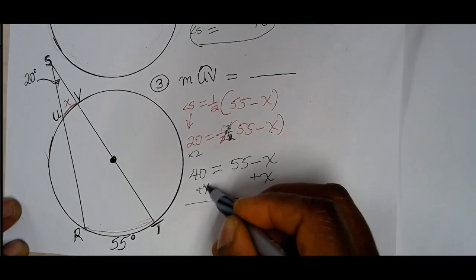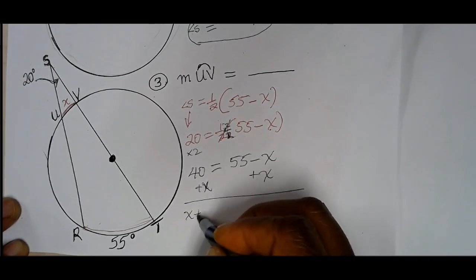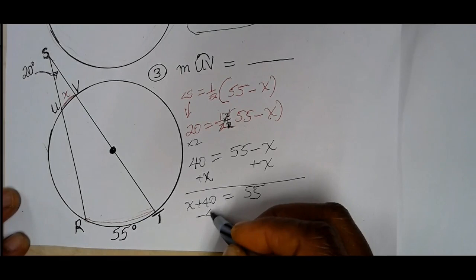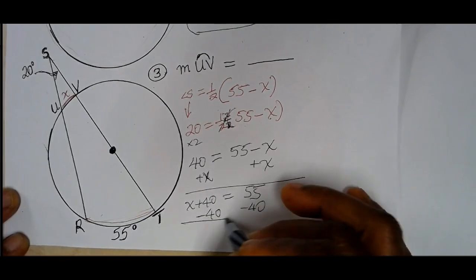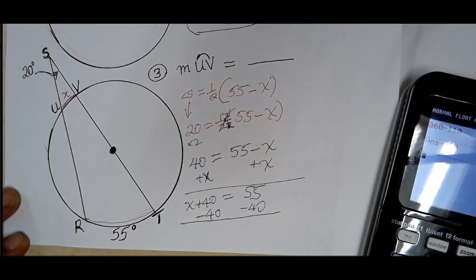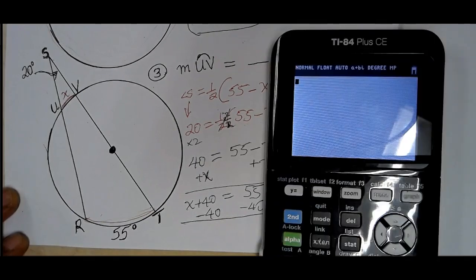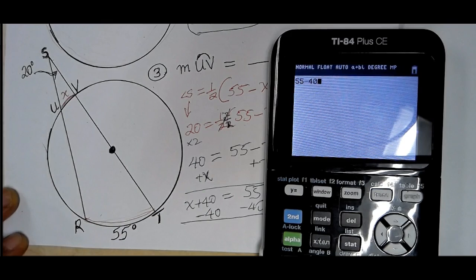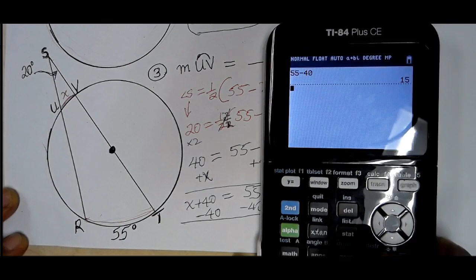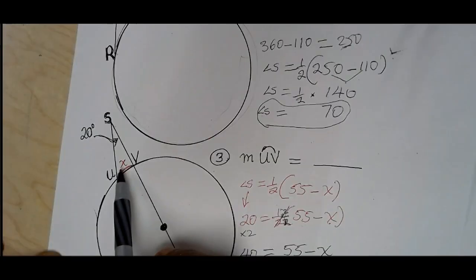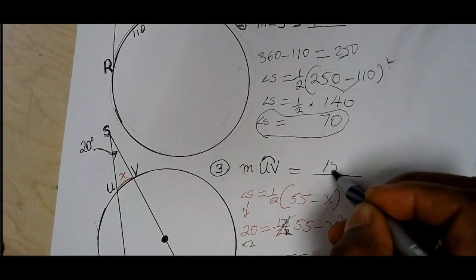So x plus 40 equals 55. Now we can subtract 40 from both sides, so 55 minus 40, which is 15. So x is going to equal 15. Therefore the measure of this arc is 15.